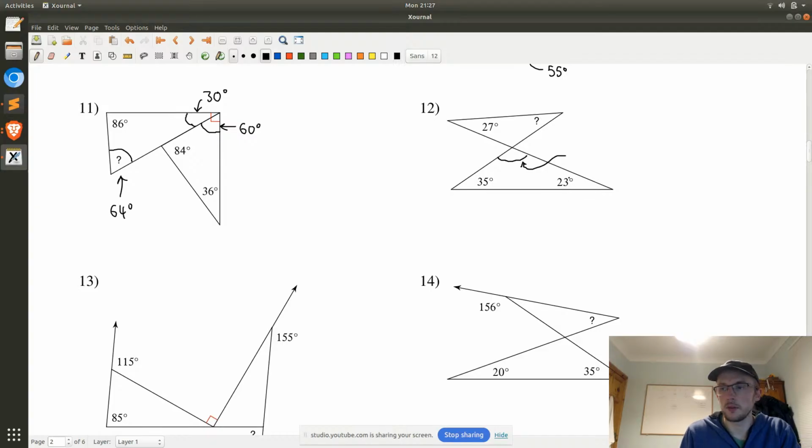Take that from 180, and we have 122. This is vertically opposite, and so it must be 122 as well. Add that to 27, we get 149. Take that away from 180, and we get 31 degrees.